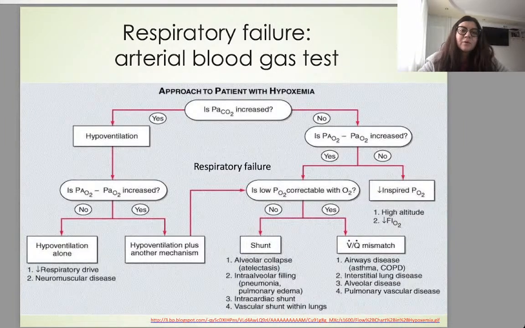And a scheme of approach of the patient with hypoxemia according to arterial blood gas test too. According to partial pressure of carbon dioxide, is there hypoventilation, is there increased or non-increased carbon dioxide, and according to it, this algorithm leads us to different forms of respiratory failure.